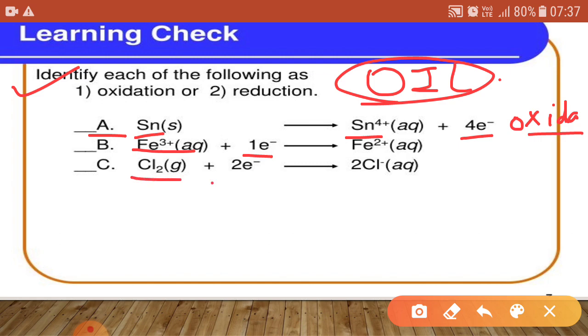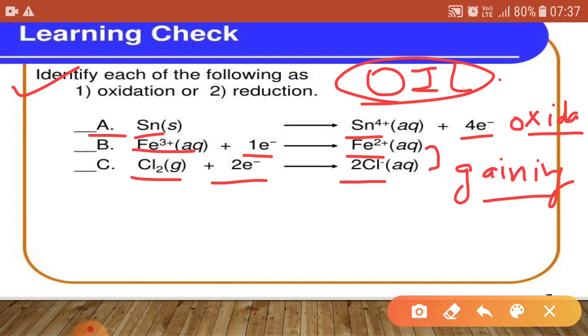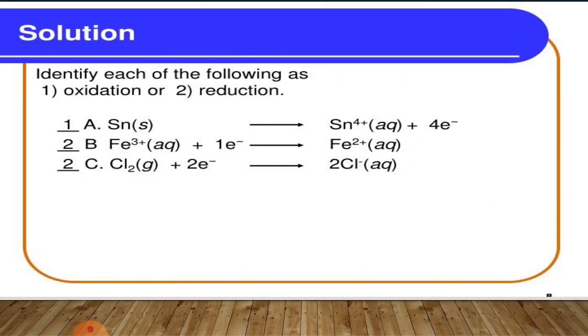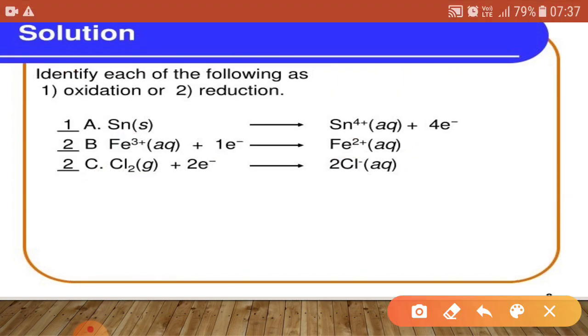Similarly, chlorine is also gaining the electron. So in this reaction, gaining of electrons is going on, and gaining of electrons means reduction is going on. So this is the solution: in the first reaction there is an oxidation, and in the second reaction there is a reduction.